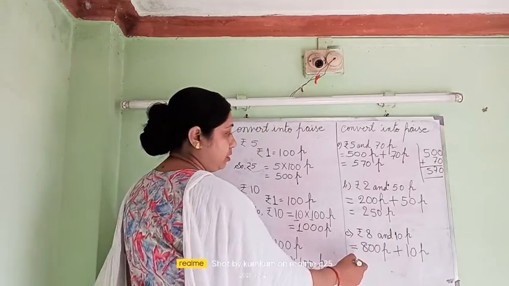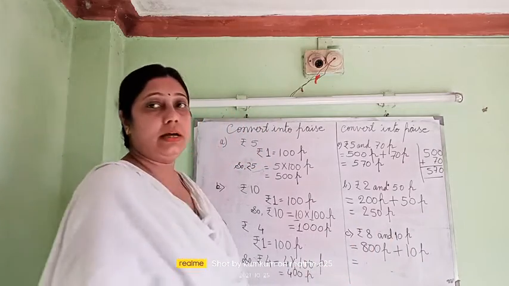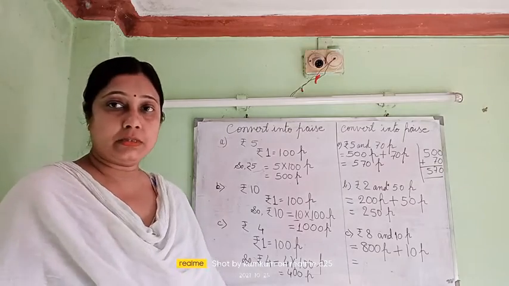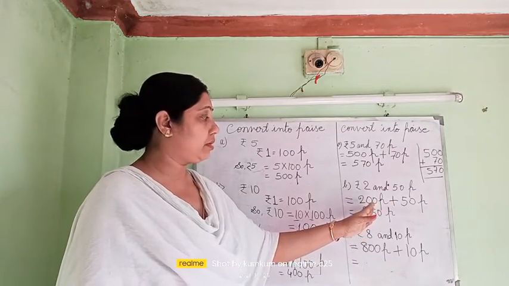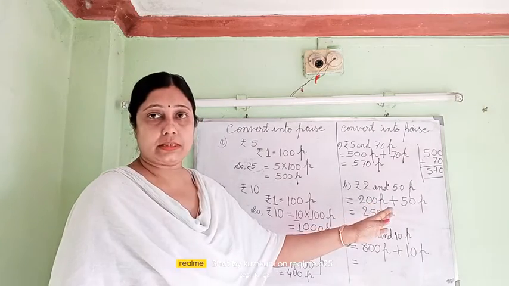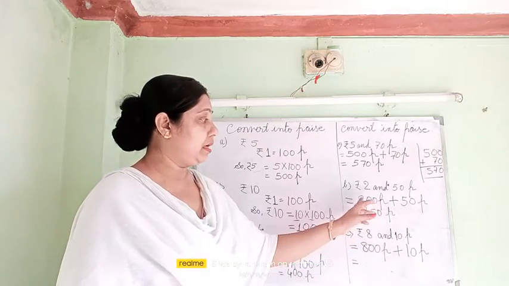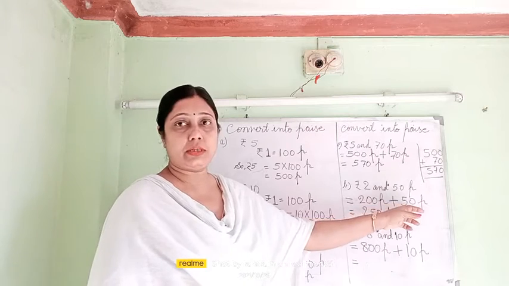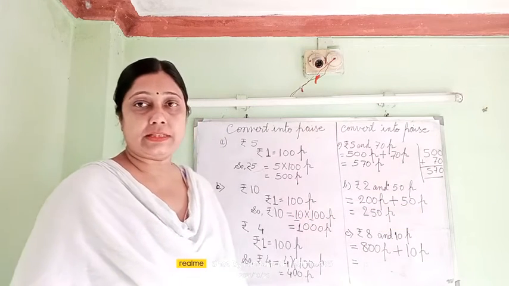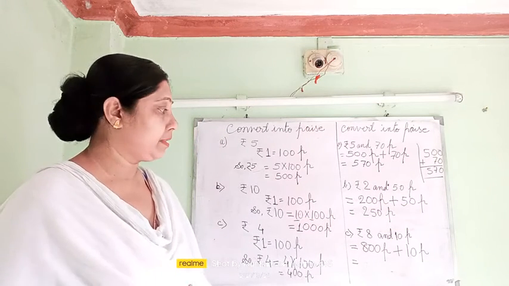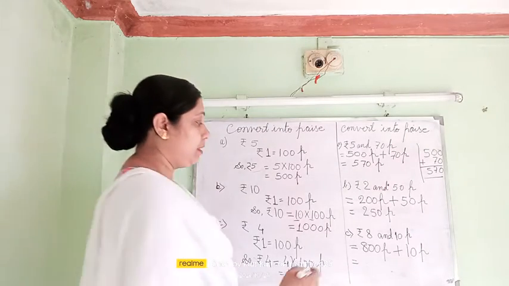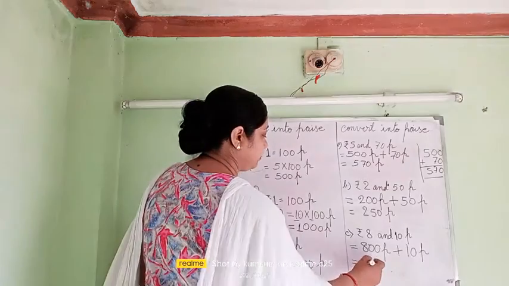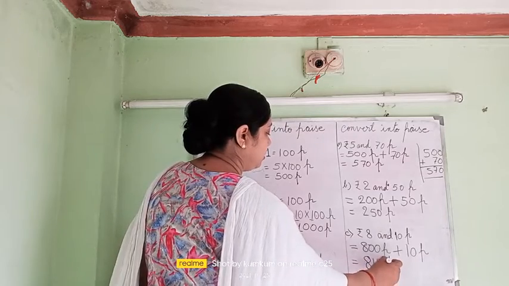Okay. So 800 plus 10 paise means what? See, this one also you can do rough work. 200 plus 50 paise equal to 250. This is a 3-digit number. This is a 2-digit number. According to the place value, you arrange it and add. Next one is 800 paise plus 10 paise. It will become 810 paise.